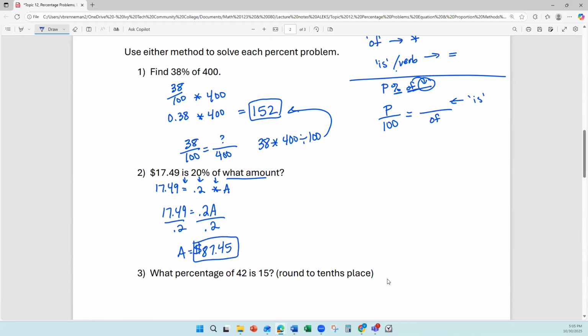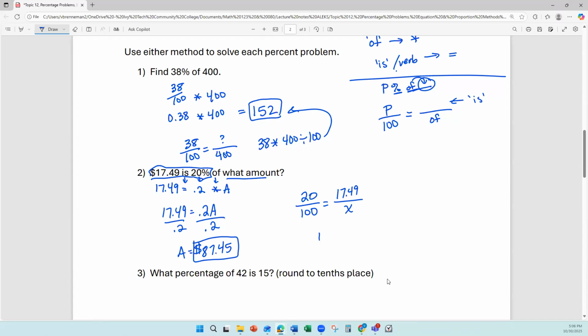Using the proportion method, we take the 20%, and that goes as 20 over 100. And then look for the of. It's of what amount? That's my unknown value. And then the other number, the 1749, you can also see like 1749 is 20%. Those are connected to each other. They're both representing the same amount.